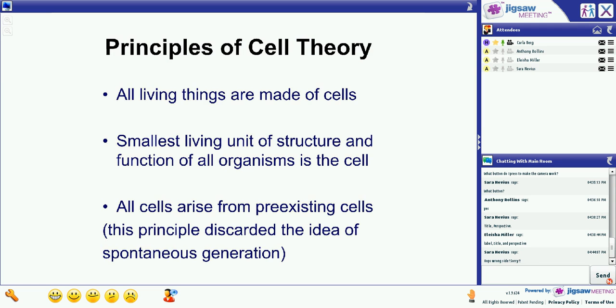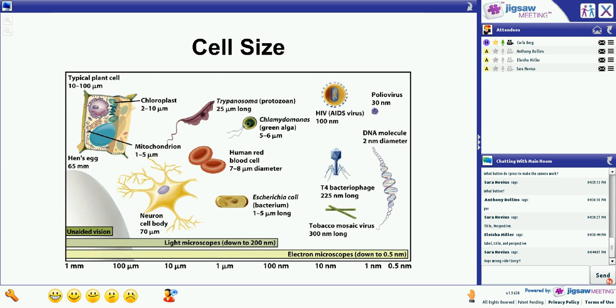All cells arise from pre-existing cells. This idea discounted the idea of spontaneous generation, that a cell could just, poof, show up. All cells have to come from other cells.